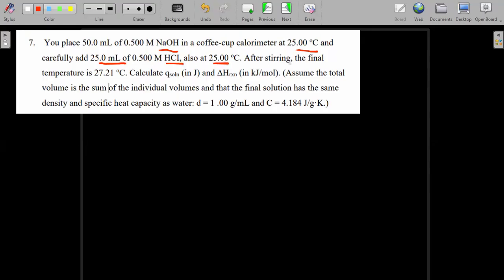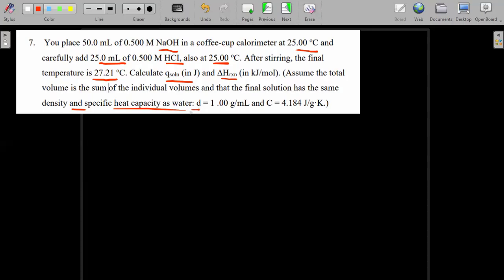After stirring, the final temperature is 27.21 degrees Celsius. Calculate the heat of the solution, which is the Q solution that you are seeing there, in joules, and calculate the change in enthalpy of the reaction in kilojoules per mole. Assume that the total volume is the sum of the individual volumes and that the final solution has the same density and specific heat capacity as water.